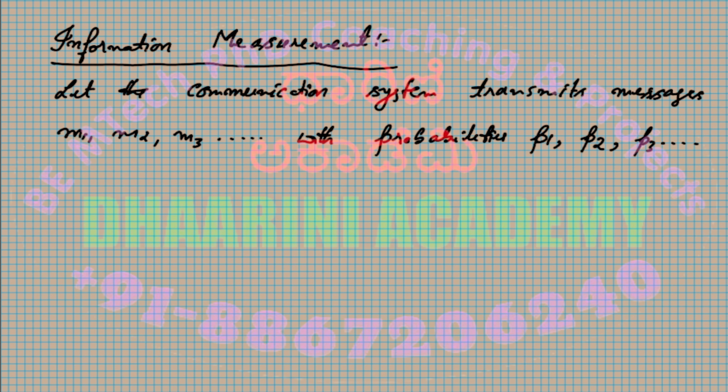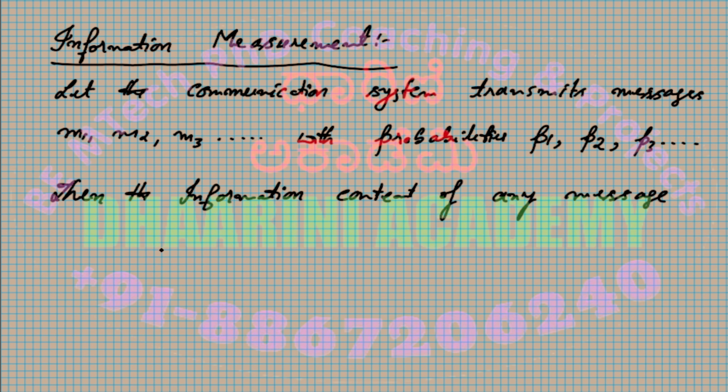Now, if that is the case, then the information contained in any of the messages I can try to measure using the probability. So I'll write the statement first: the information content of any message.